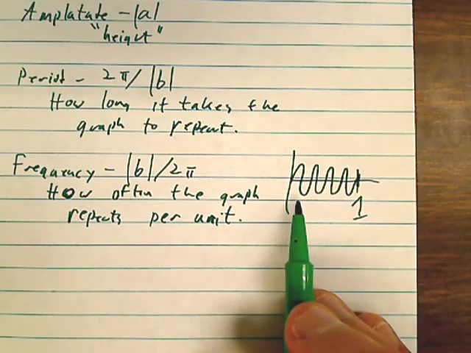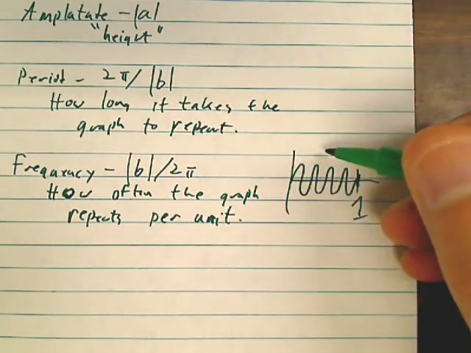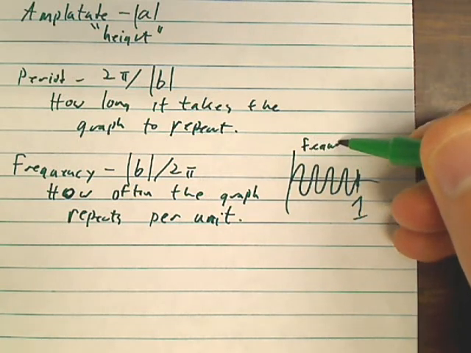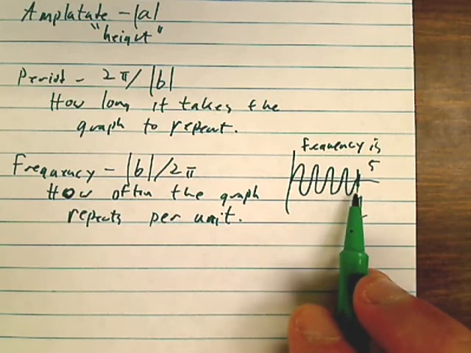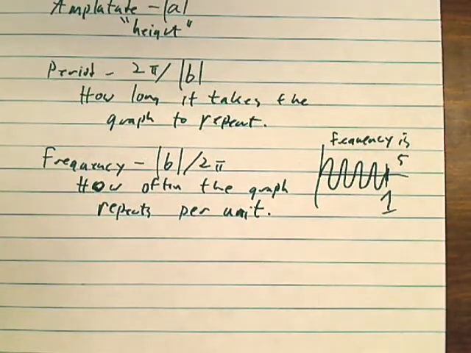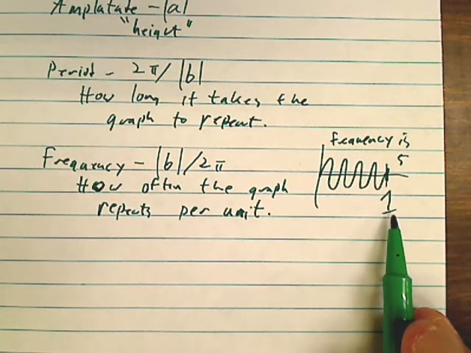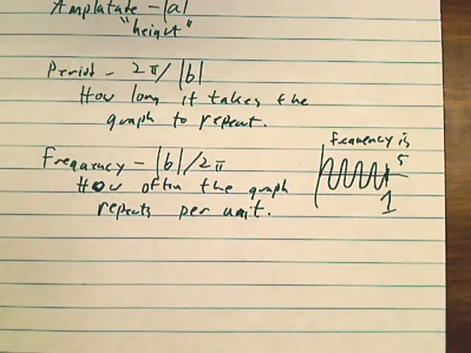I get 5 copies of the wave between 0 and 1, so the frequency here will be 5, because there are 5 sine waves before you get to 1. This is a better example. Frequency is how often the graph repeats per unit: 1 hour, 1 second, 1 whatever the context is. You need to use your imagination here for a minute.